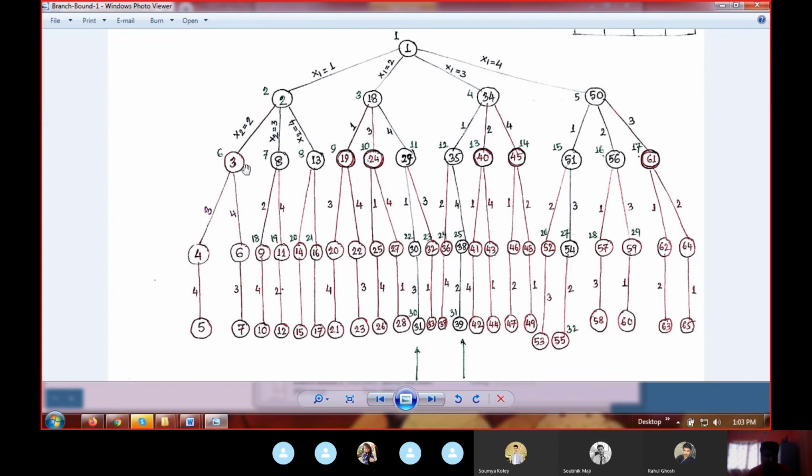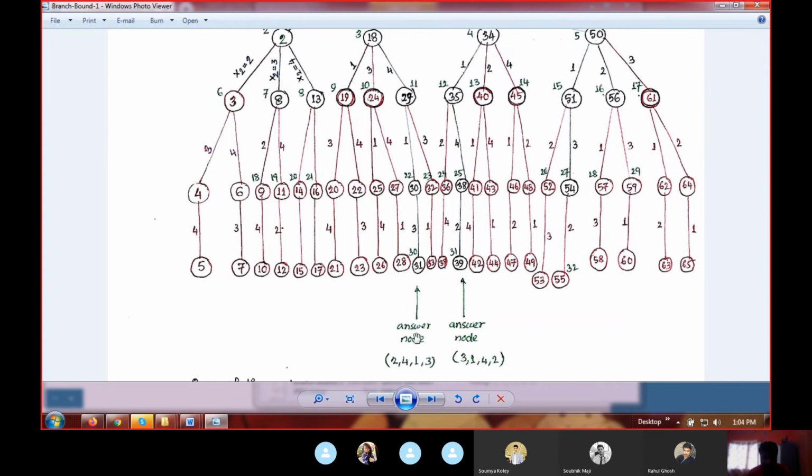See, 3 is red colored, so 3 was discarded. Then 8 was not expandable because 9 and 11 are not possible nodes. Red colored are not possible, only the black colored is possible. So here we can find black colors 18, 29, 30, 31. So it's an answer node: 2 4 1 3.